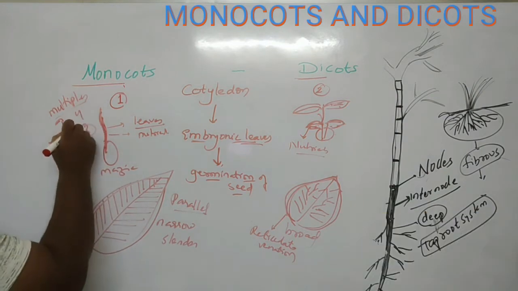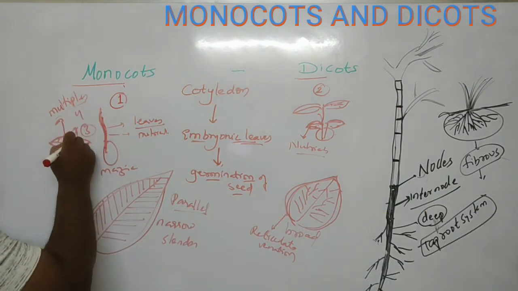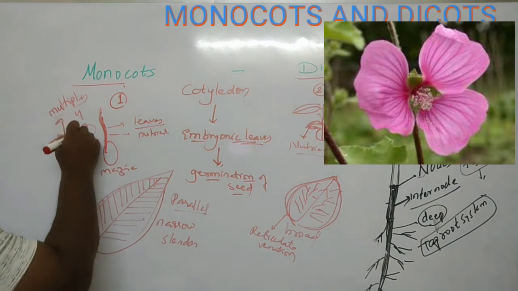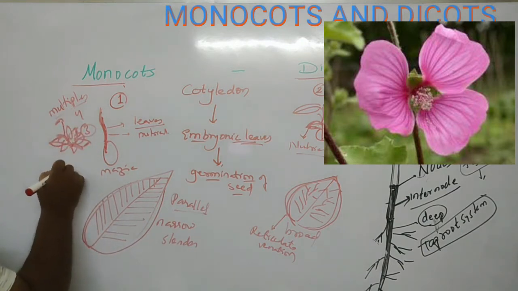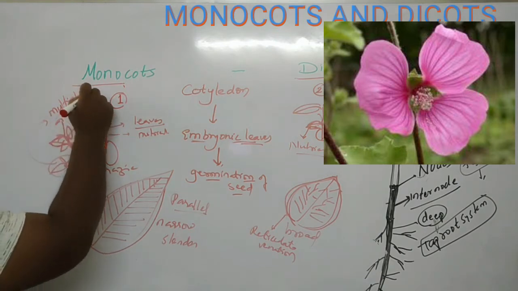The petals will be arranged like this: 3, and after that 3, and again on that there will be 3, like this, all 3, 3, 3. So this can be called multiples of 3.